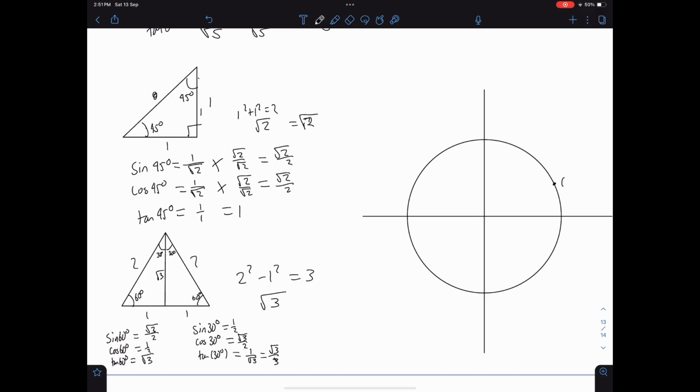When this is 30 degrees, we'll have the coordinates root 3 over 2 and 1/2. Then here, we'll have the cosine and sine of 45 degrees, and then have a look at our 60.